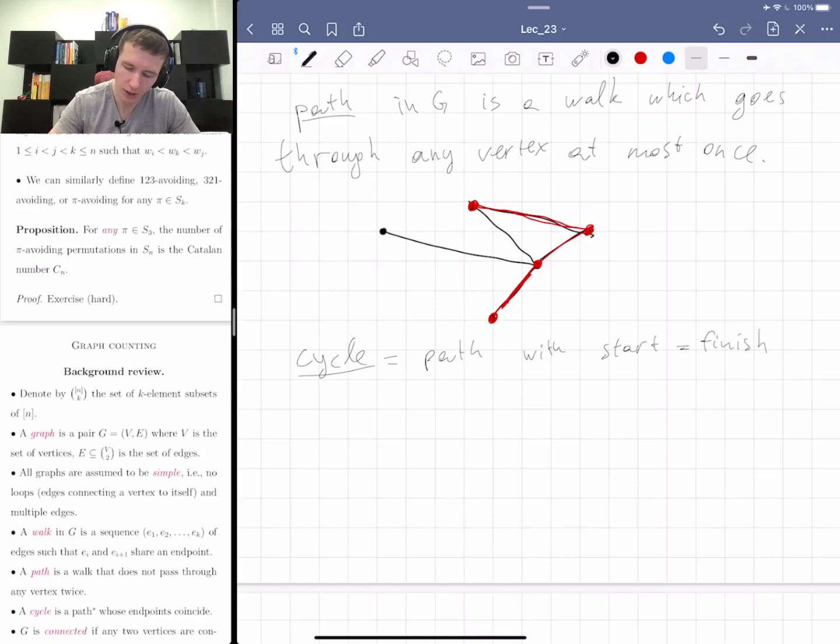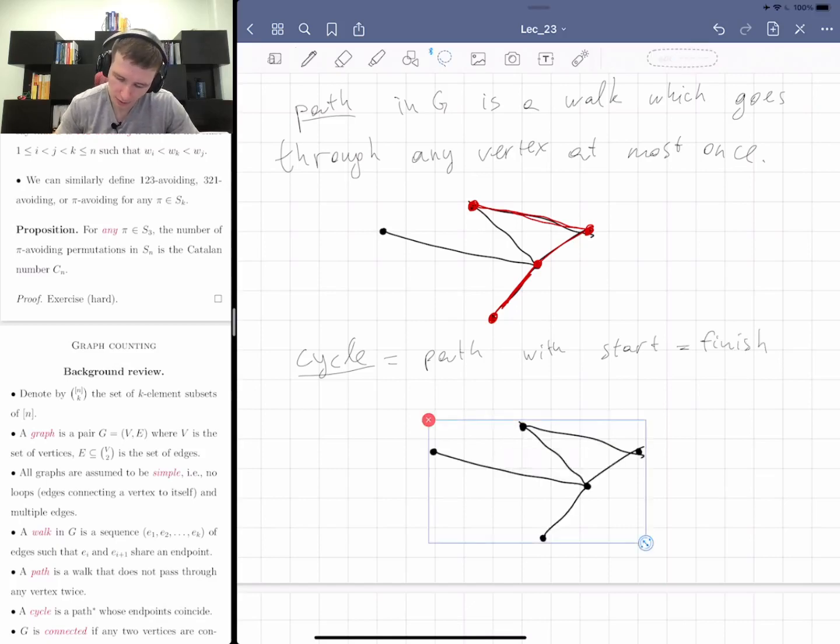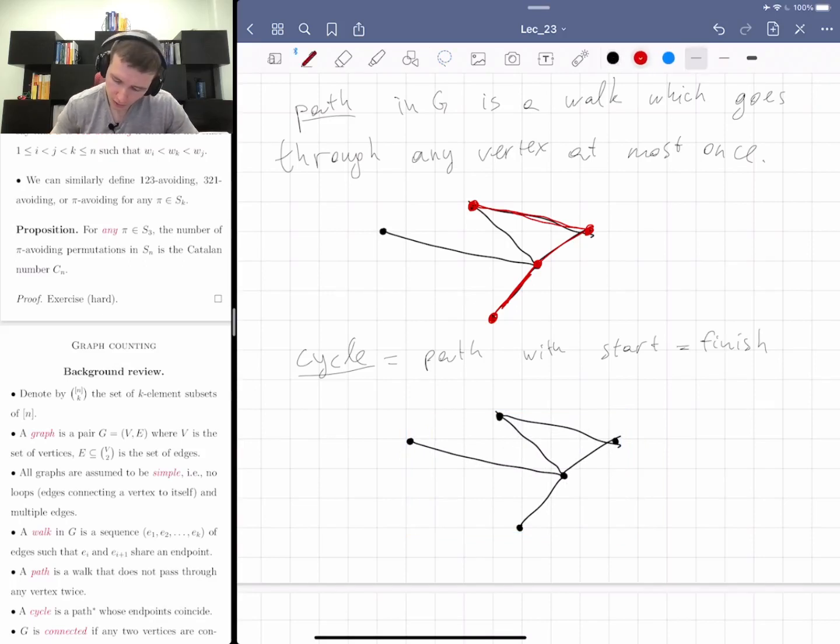So in this case, maybe you start at this vertex here, and then you go here, here, and here. A cycle actually looks like a cycle, like a Jordan curve, I guess. It has no self-intersections.